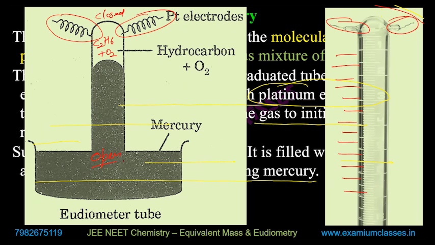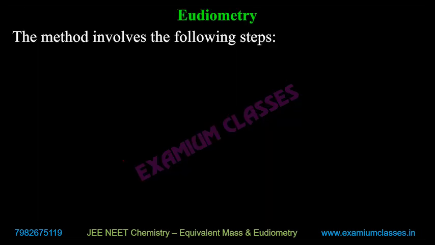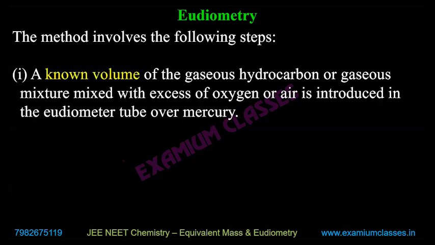Now, how the process happens and what the steps are, I am going to talk about those steps. The method involves the following steps. A known volume of gaseous hydrocarbon or gaseous mixture is mixed with excess of oxygen. Oxygen must not be in scarcity. It must be in sufficient amount.